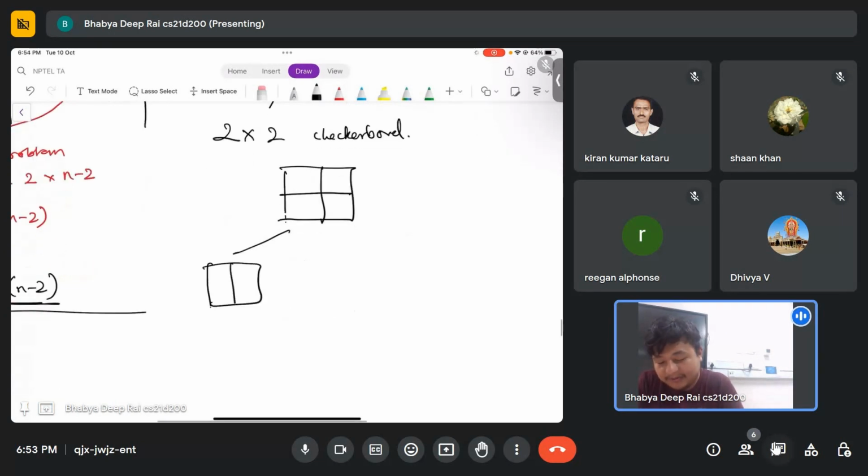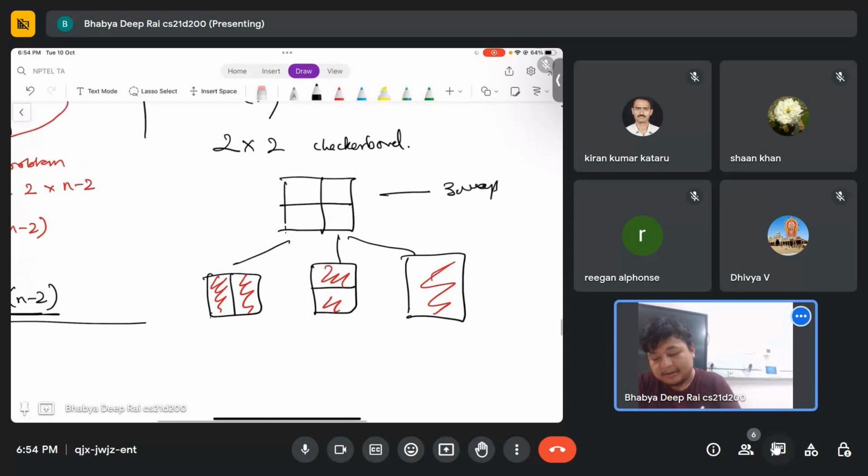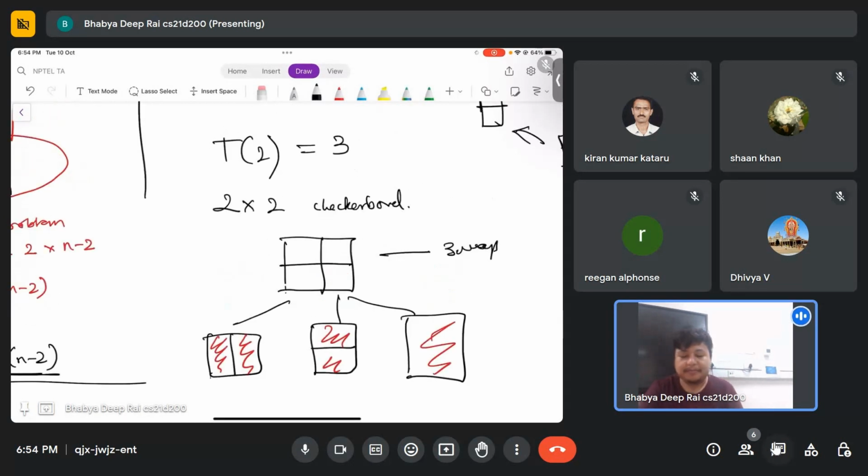Well, one possible way would be to tile it vertically by 2 tiles. The other way would be horizontal tiles, or the other way would be using square tiles. So there are exactly 3 ways. So it is equal to 3.